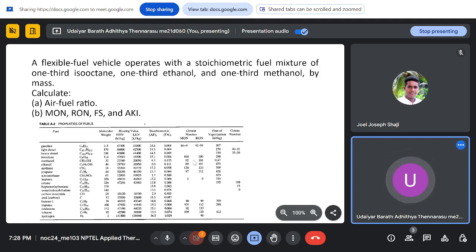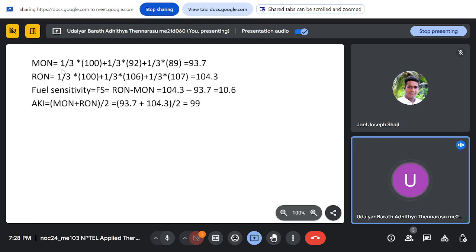Methanol is 92 for MON and 89 for RON. Each is in 1/3 ratio, so you multiply by the respective octane numbers. It will give you 93.7. Here you have to use the mass fraction to find the octane number.